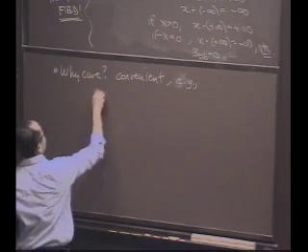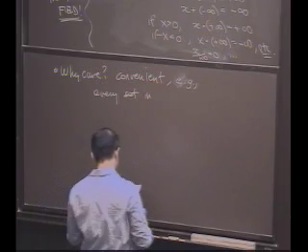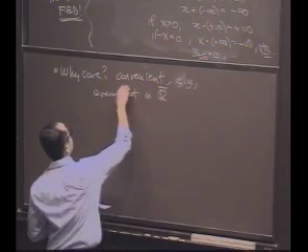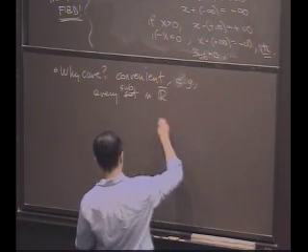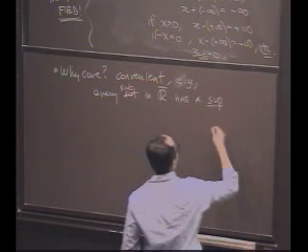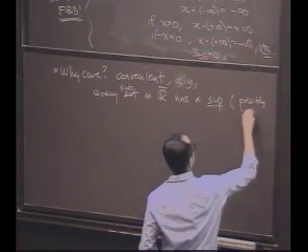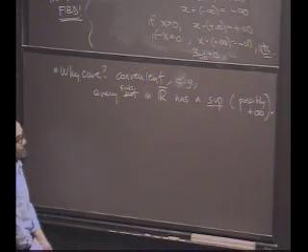So every subset of R bar, the extended reals, has a supremum, or if you like, an infimum as well. Now, of course, possibly the supremum could be positive infinity. That's just another way of saying the set is unbounded.